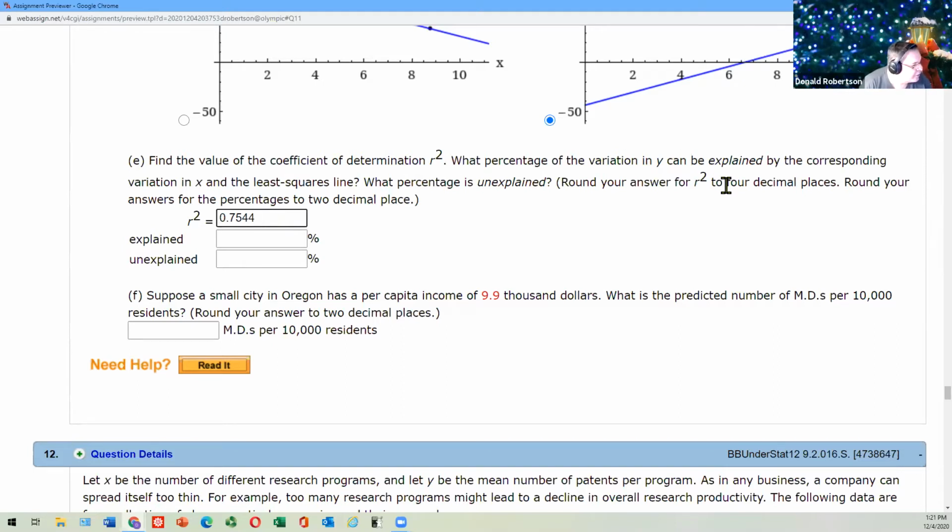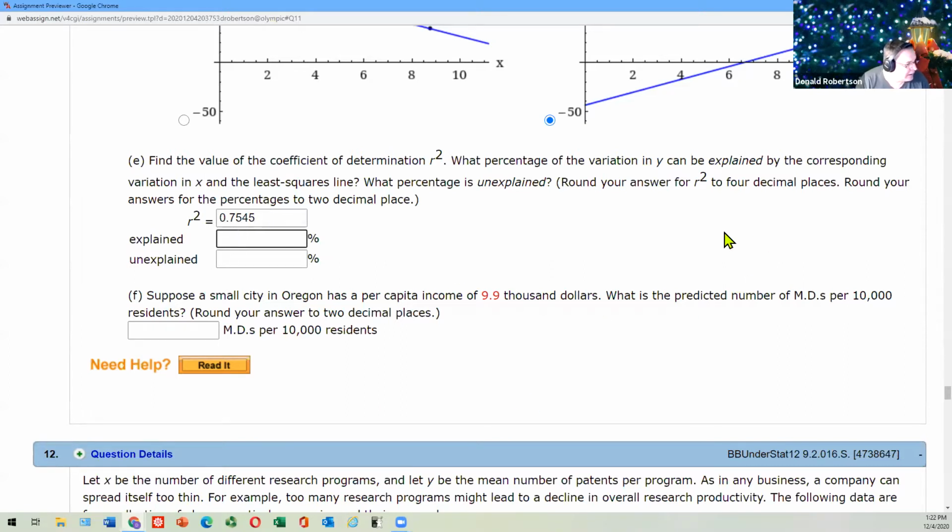Now, we want this rounded to 4 decimal places, but it's 446, which means I need to remember to round it up. And even a little thing like that will catch you. If you say 44, it'll say you're wrong. And you'll be scratching your head because as far as you can tell, you're right. Well, you're almost right, but you're not right enough.